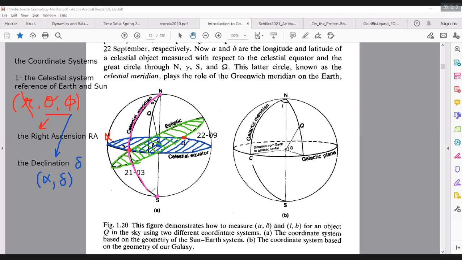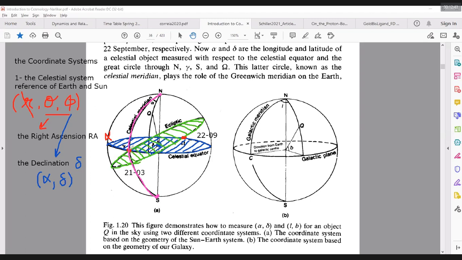The intersection of the equator and ecliptic. When this arc passes this position gamma, this arc works as the reference for one of our parameters, the right ascension, alpha.